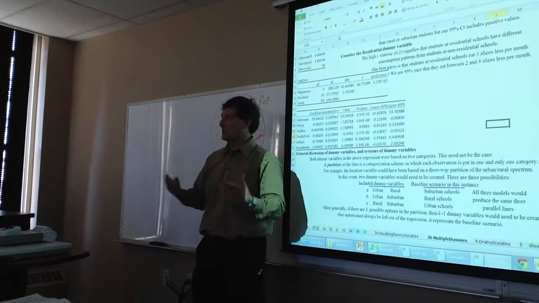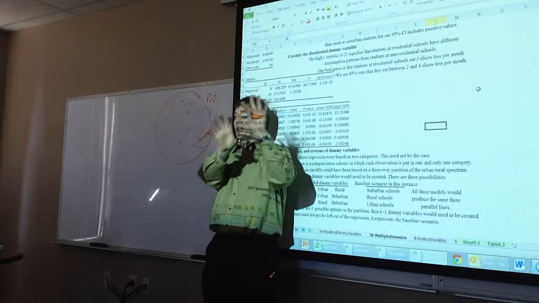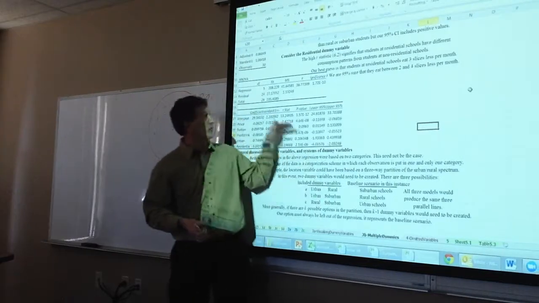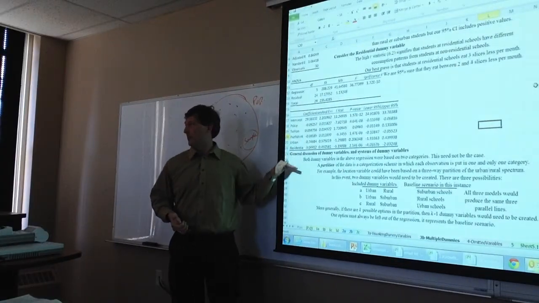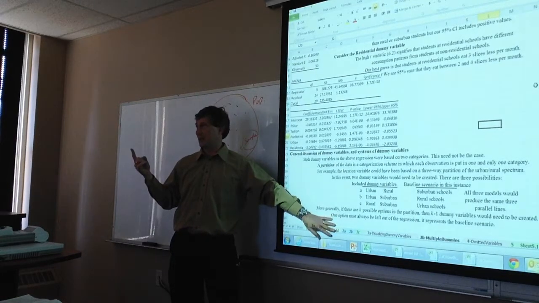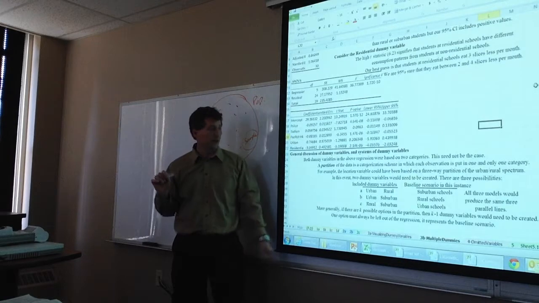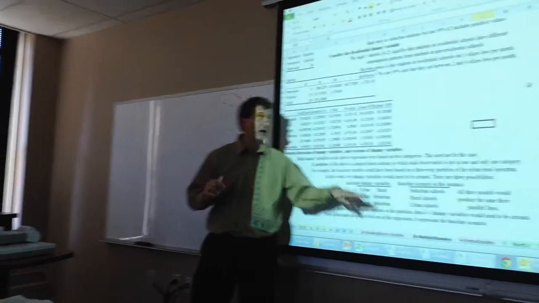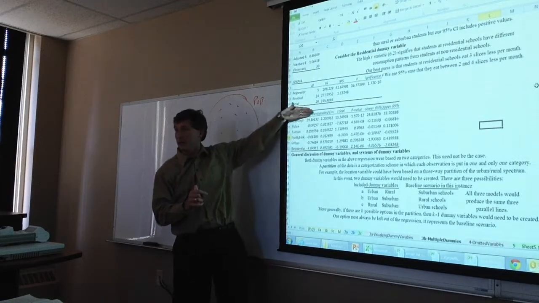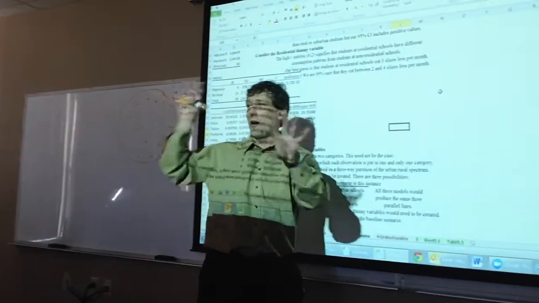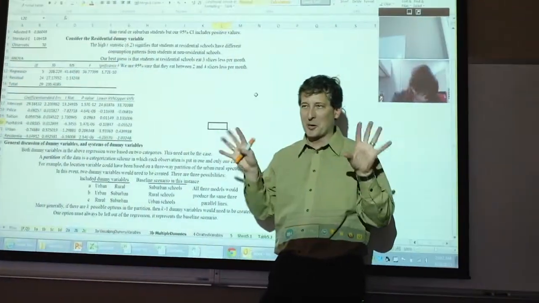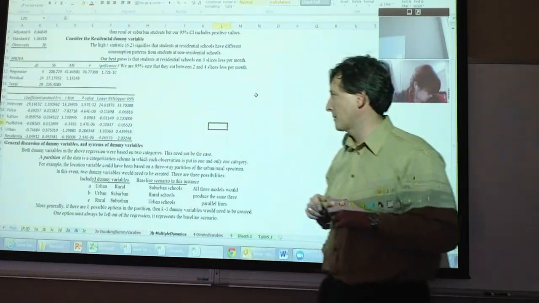So it seems like in order to investigate these three areas, boom, boom, boom, I better have dummy variables for all 3. But you don't do that because your baseline is one of those. Whichever one's getting the 0 is one of those factors. And so that's how you get your 3, by having only 2. 2 of them show up on your output, and the baseline is the one without. And so you're capturing all 3 by only including 2 in your regression. That's what's kind of weird. Baseline is suburban in this case.